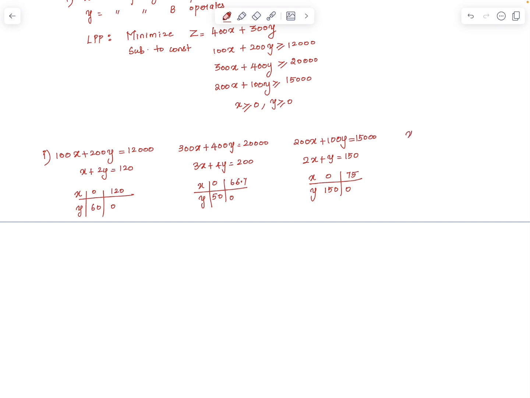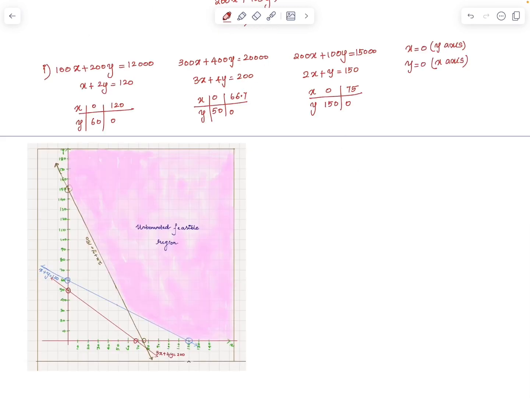And the other two are X equal to 0 and Y equal to 0. X equal to 0 is the y-axis and Y equal to 0 is the x-axis. These lines have to be plotted on the graph. The graph looks like this. The pink shaded region is the feasible region. It is unbounded.